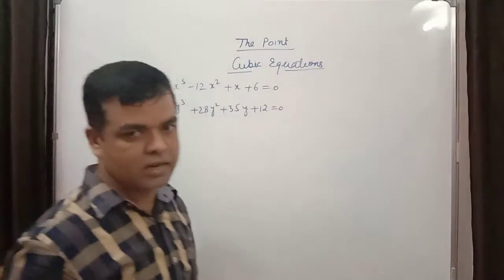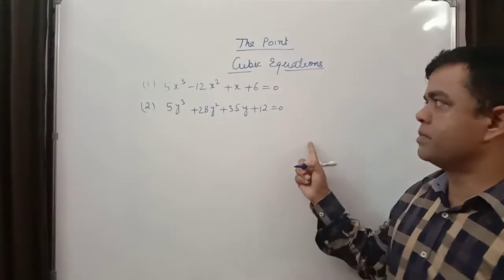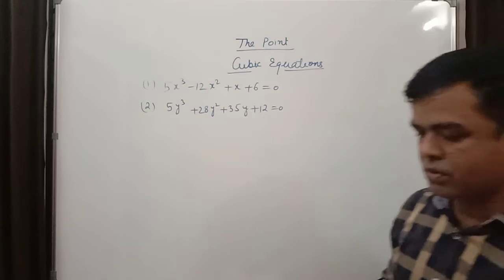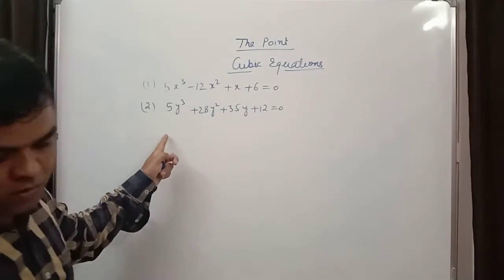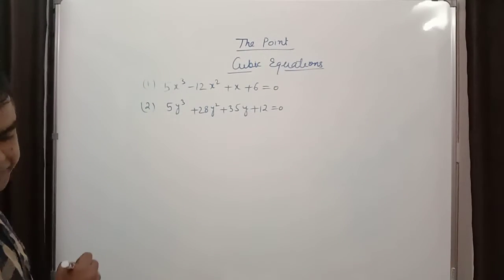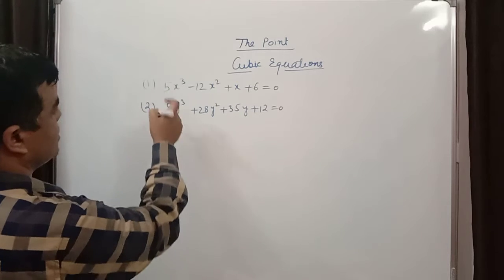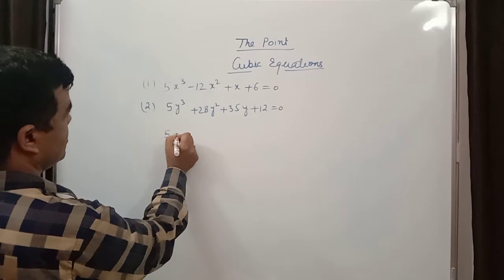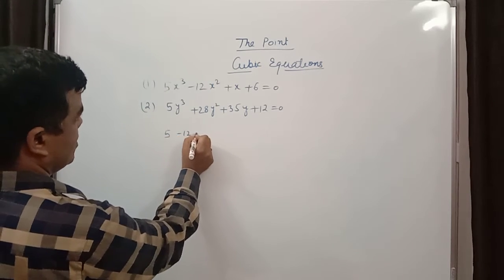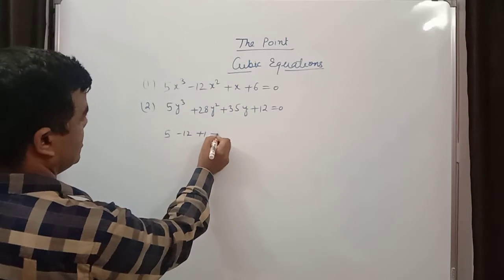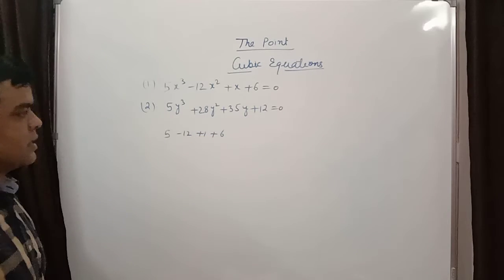These two cubic equations are given. We solve these equations and compare the roots. Okay, the same procedure will be followed. Put x is equal to 1. So 5 comes here, minus 12 plus 1 plus 6. Something has happened.